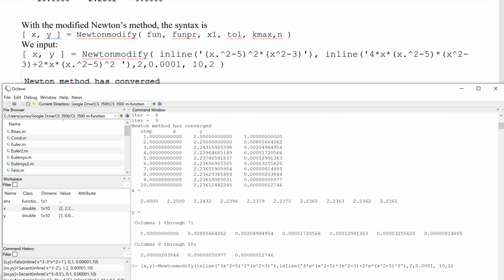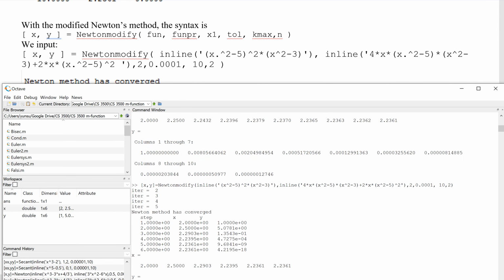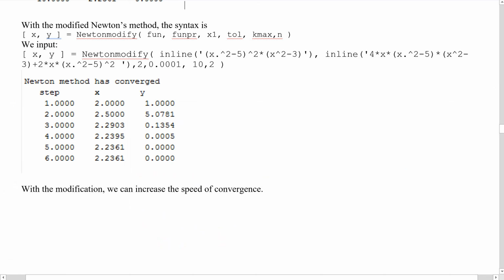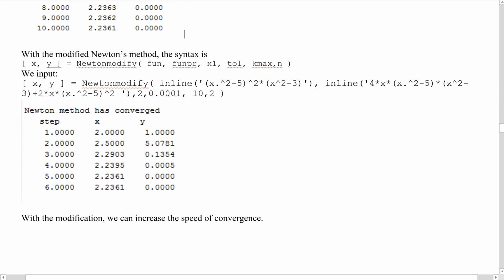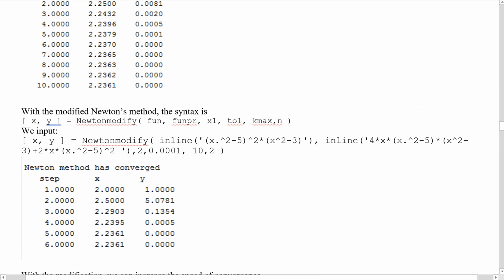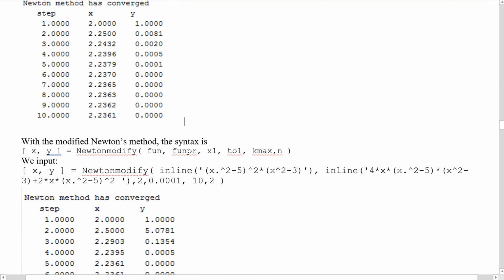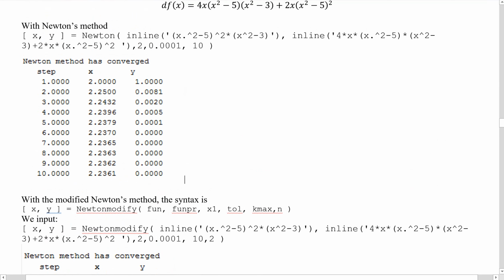So far so good, everybody? We enter it. See, it converges in 6 steps. It's faster than Newton's method. I should say faster than the basic Newton's method. So that is the modified Newton's method.